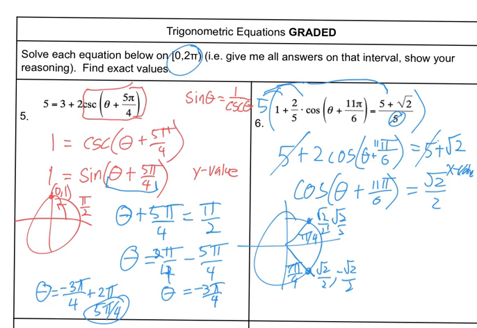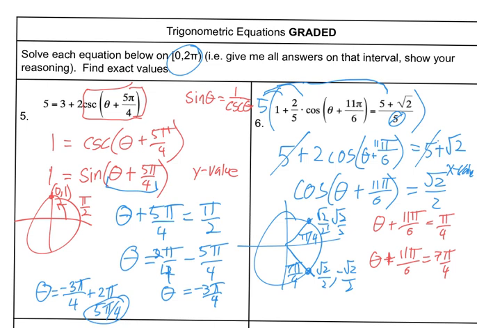That's my inside of my parentheses. So we've got theta plus 11 pi over 6 is equal to pi over 4. And theta plus 11 pi over 6 is also going to be 7 pi over 4.